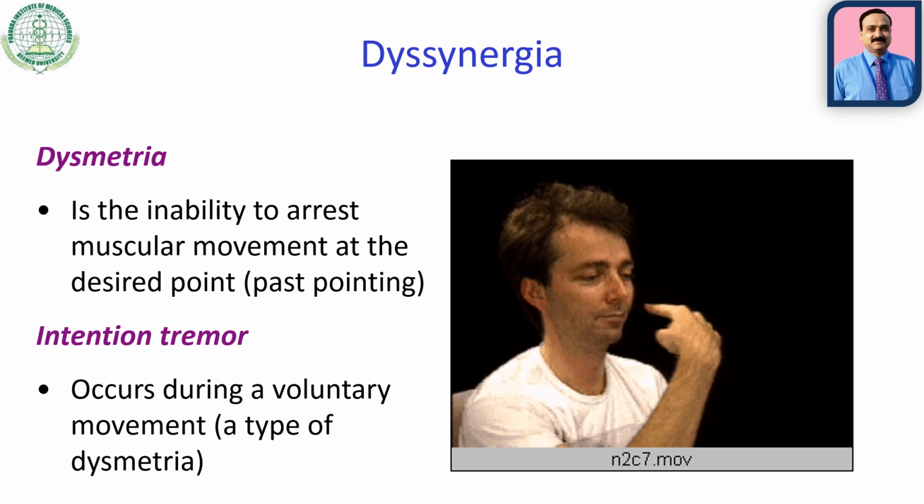Then intention tremor. It occurs during voluntary movement, a type of dysmetria. Intention tremor means if you ask the person to raise the hand and observe, there will be tremors in the fingers. So that is intention tremor.